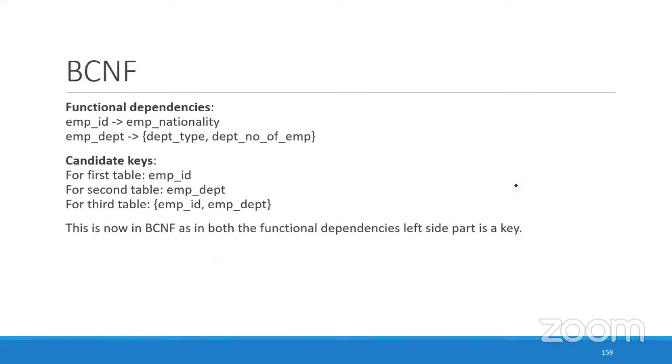See the same here: functional dependencies in relation 1, functional dependencies in relation 2. In the first table we have only one key, and in the second table we have only one key. The third table is the mapping table, where employee ID maps to the first relation and employee department maps to the second relation. Now this is in Boyce-Codd normal form.